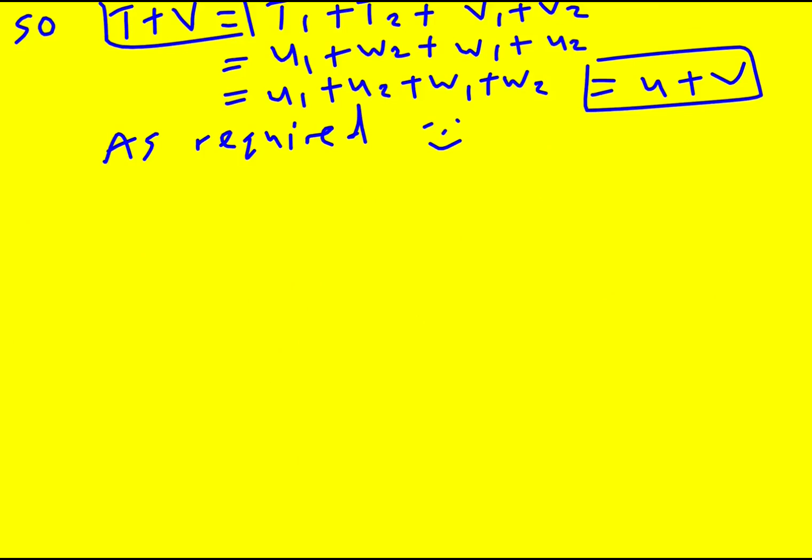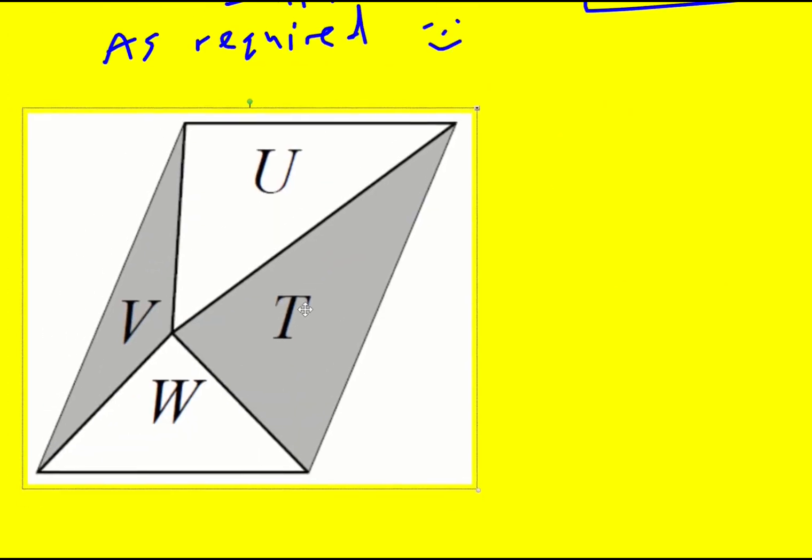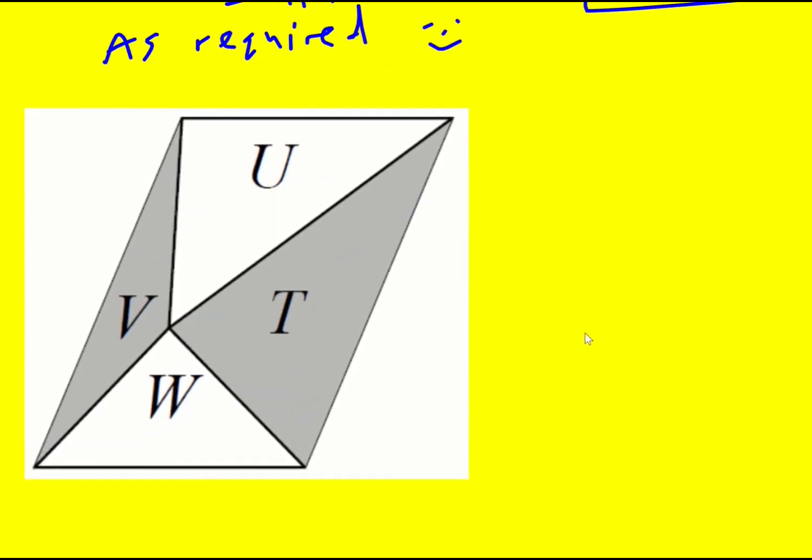All right, I'm going to have a go at this in an alternative way. And this is how I always approach problems, just getting half base times height involved. But I do appreciate that first method. So, when I did this, I decided to focus on finding U and W in terms of the base and so on.